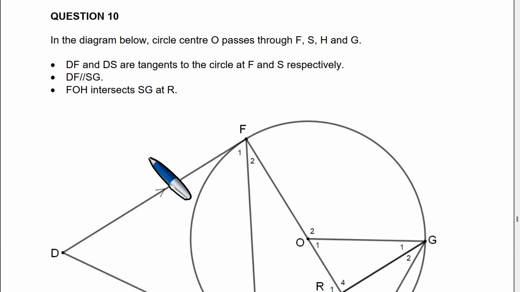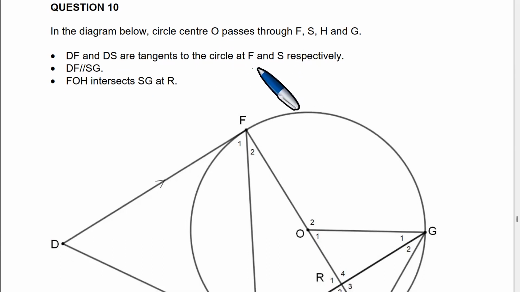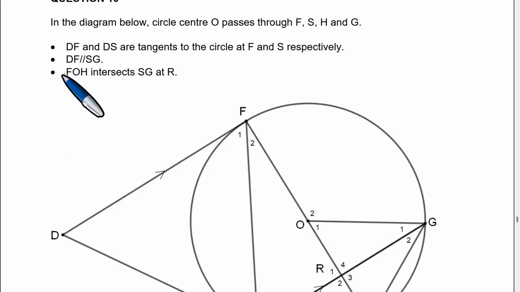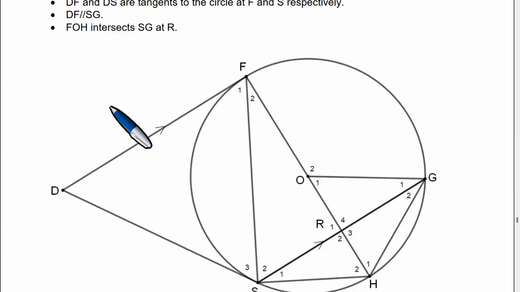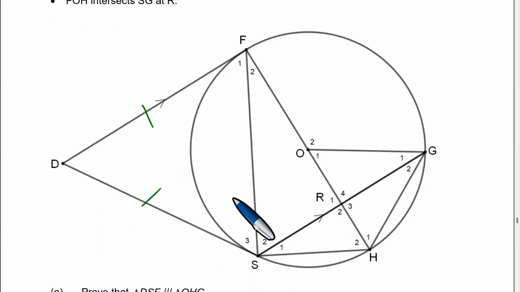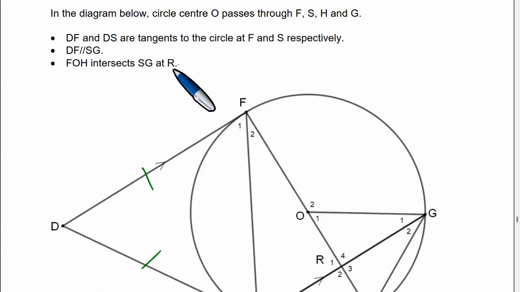Okay, this is question 10. In the diagram below, circle with center O passes through F, S, and H, and there's G. DF and DS are tangents, so they are equal because they are drawn from the same point.